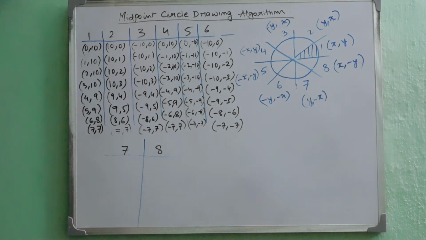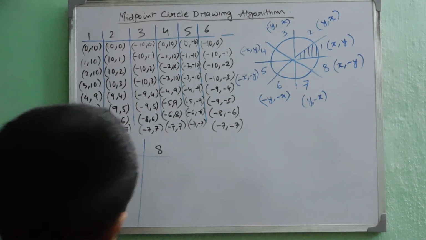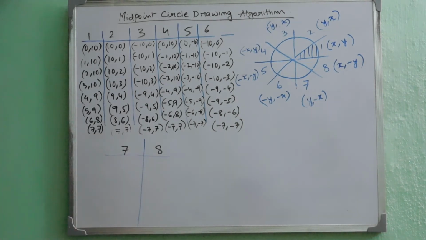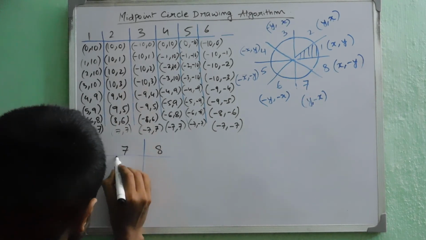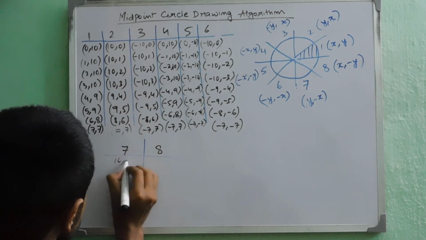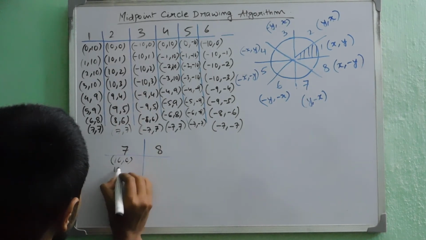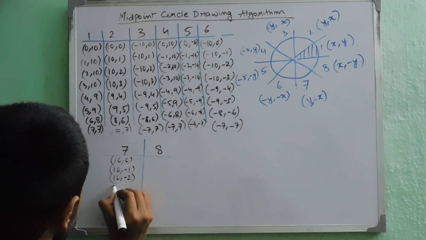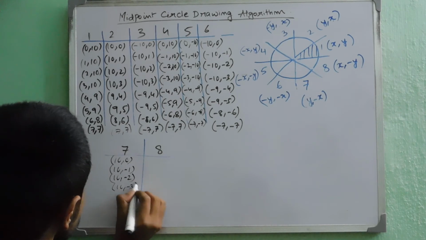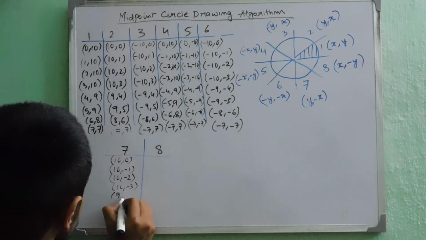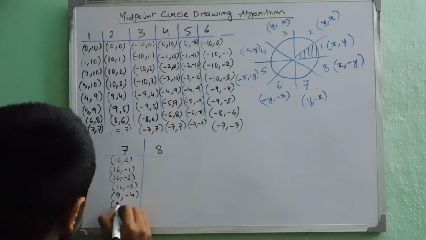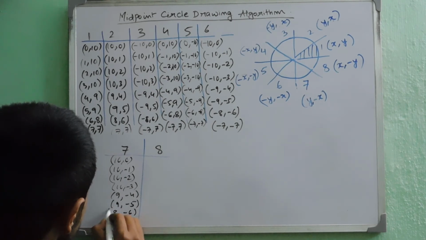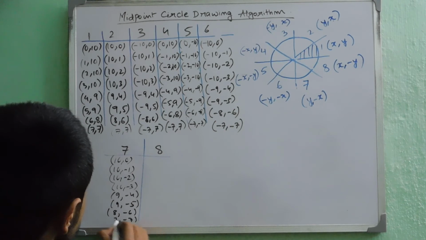Now finally we have the 7th and the 8th octants. For the 7th octant we have y comma minus x, so 10 comma 0, 10 comma minus 1, 10 comma minus 2, 10 comma minus 3, 9 comma minus 4, 9 comma minus 5, 8 comma minus 6, and finally 7 comma minus 7.